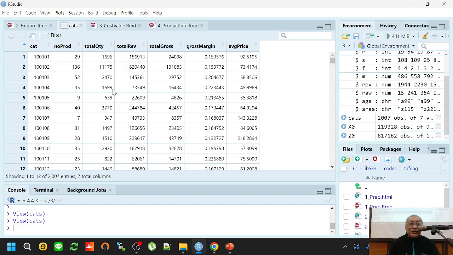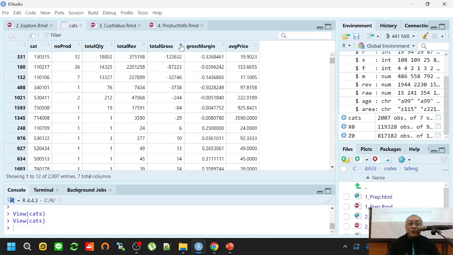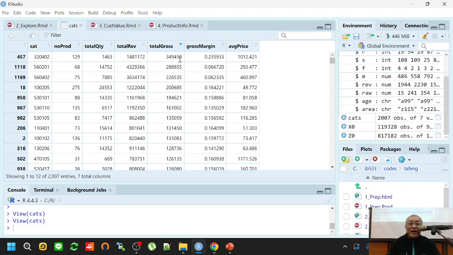As you can see, if I sort the total growth by descending order, then I can see that this category generates the largest profit, and this category generates the second largest profit.